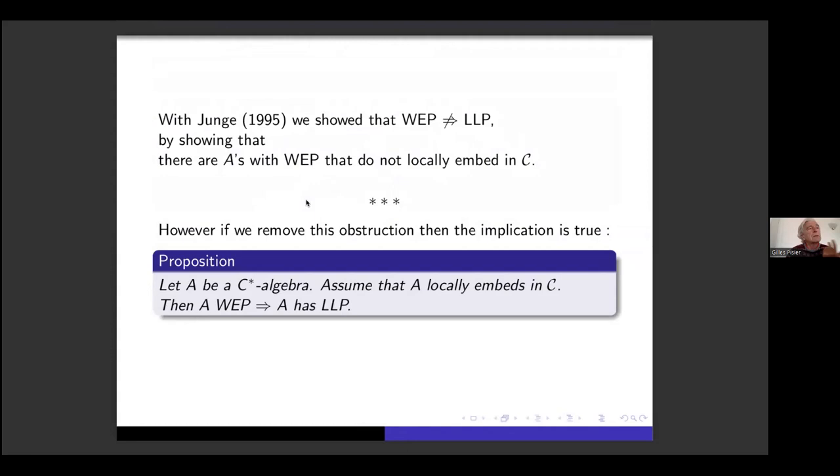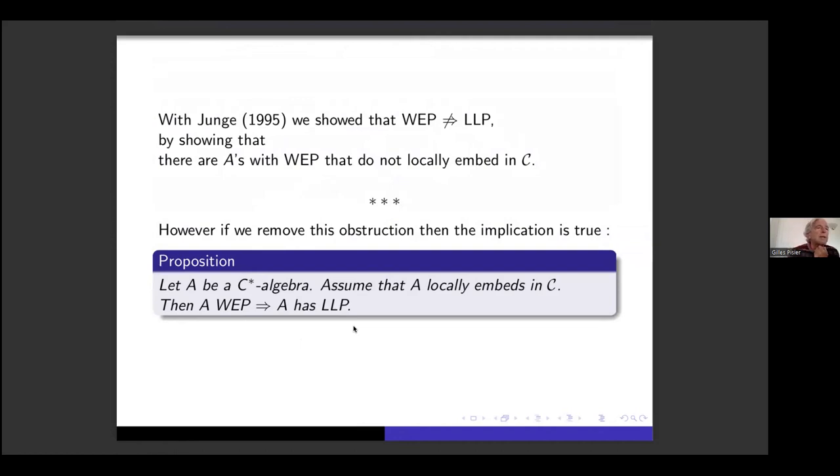Now, the curious thing is that this is somehow the critical obstruction, because if you assume that A locally embeds in C, which is more general than LLP, then it works. If A has the WEP, then it has the local lifting property.